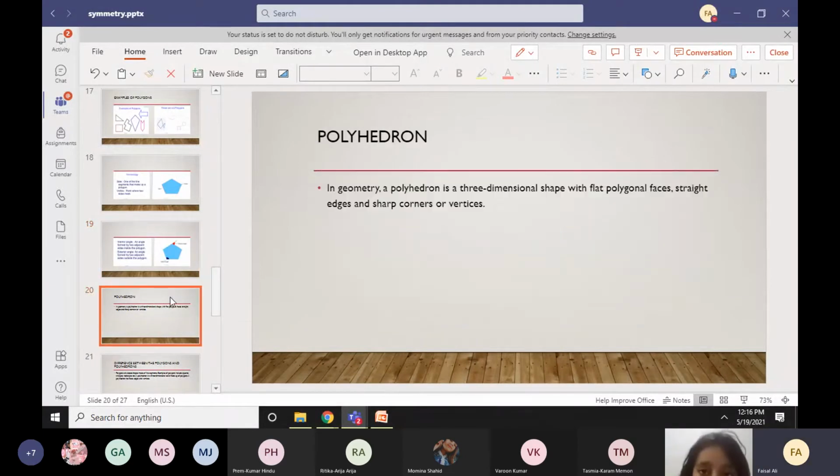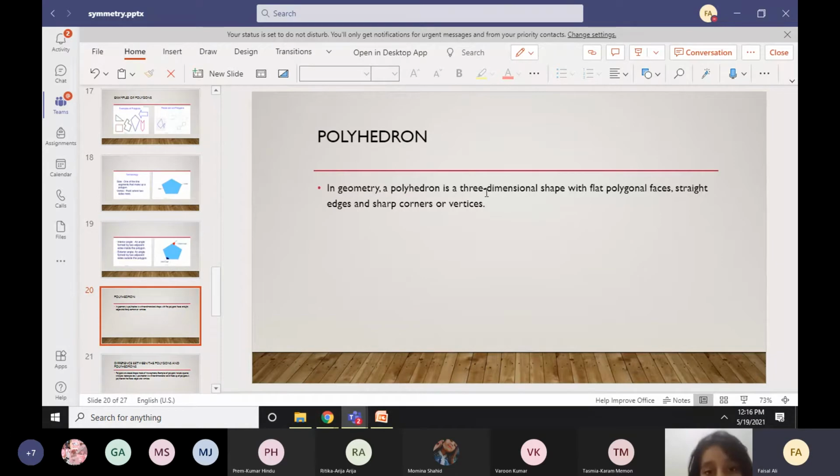As now we have learned about the polygon, now there is a polyhedron. Polyhedron is different from the polygon. Polygon was two-dimensional. Now polyhedron is a three-dimensional figure, like our room.